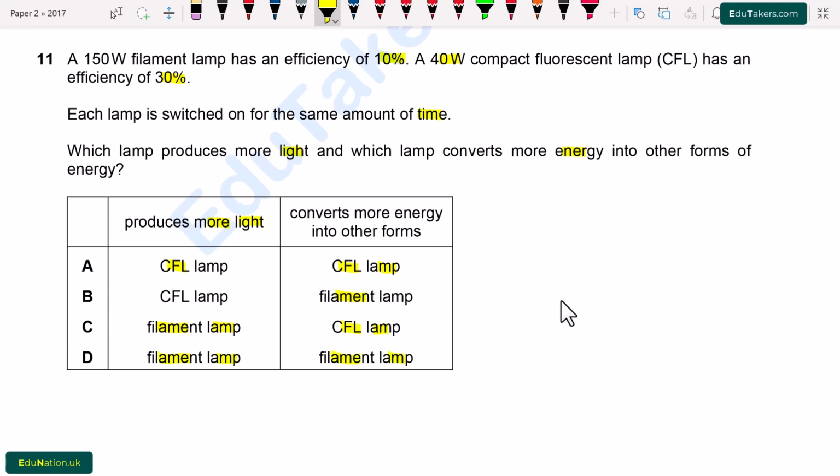First of all, here efficiency is given and also power is given. We have to find out the output power. So I write here for filament lamp, efficiency is equal to output power divided by input power.